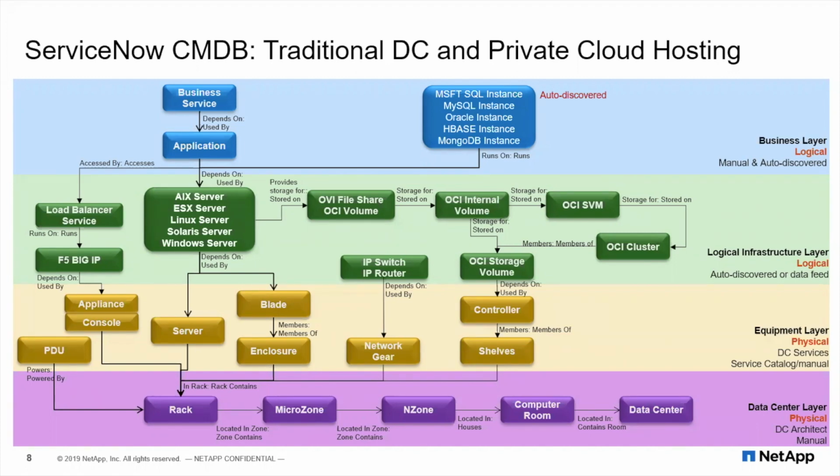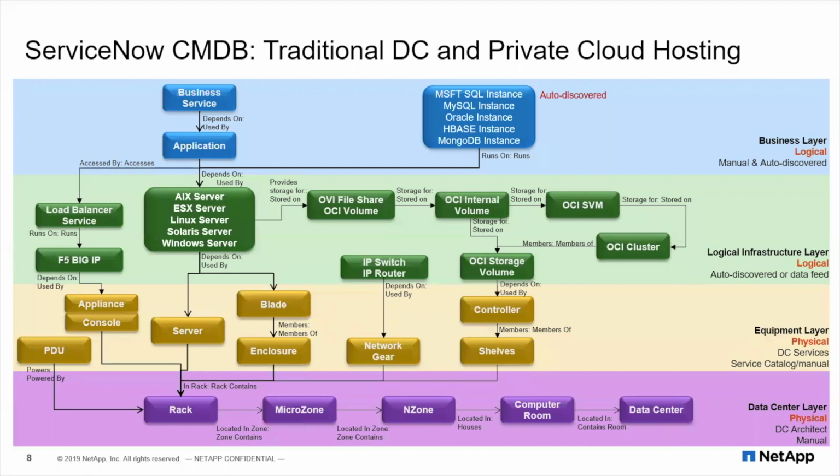So when we provision a Linux server, that Linux CI is put into the CMDB on order. As it goes through the provisioning process, it changes state, and then when it's fully spun up, we discover it. That creates a whole bunch more data, right? Like what's running on it, what software is installed, what mount points does it see, what IPs does it have, what network adapters. So there's a whole bunch of additional data that is behind each one of these.